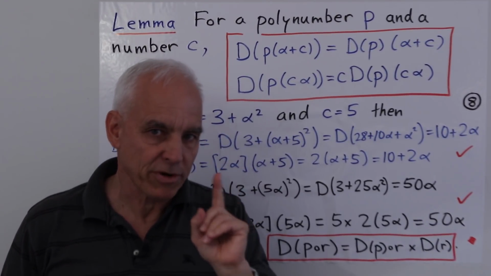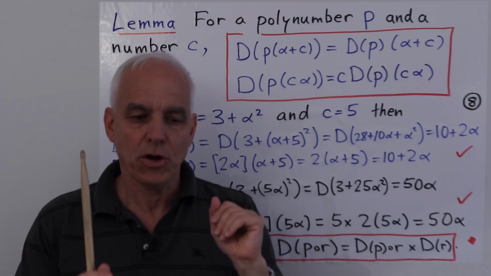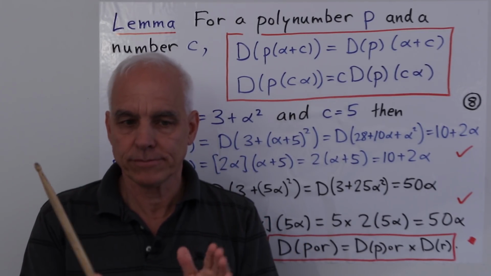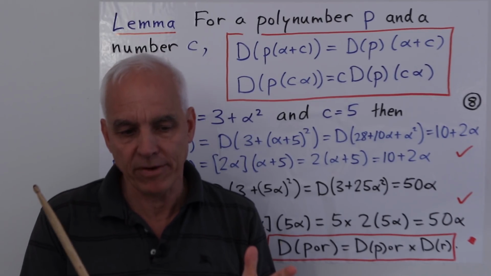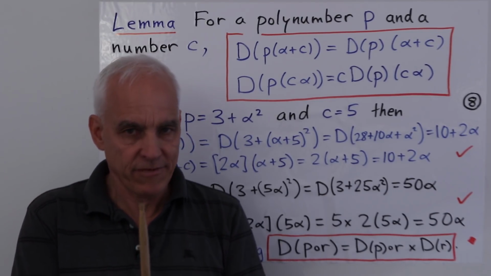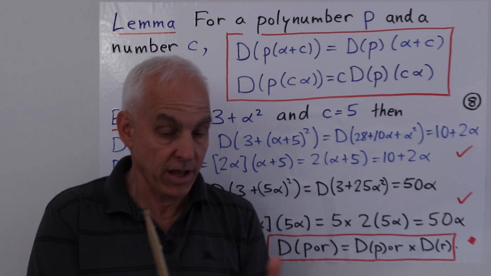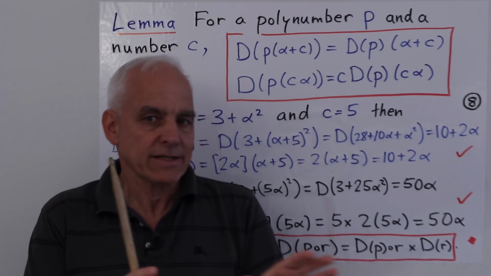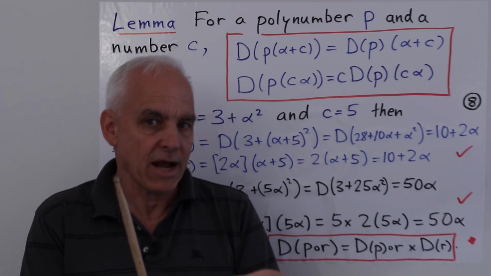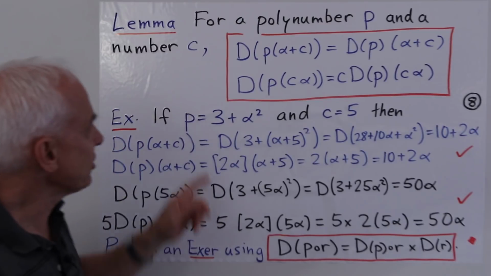Now, to establish properties D and E, we are going to need two lemmas of independent interest that tell us what happens to the Faulhaber derivative operation and the Faulhaber integral operation when we translate a polynumber or we dilate a polynumber. So let's start with the derivative.